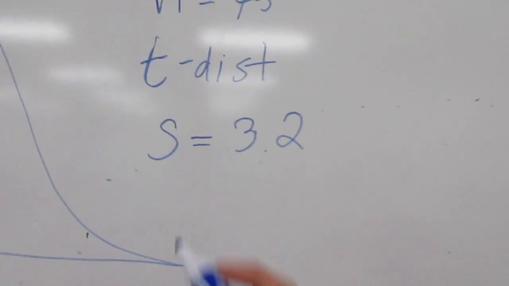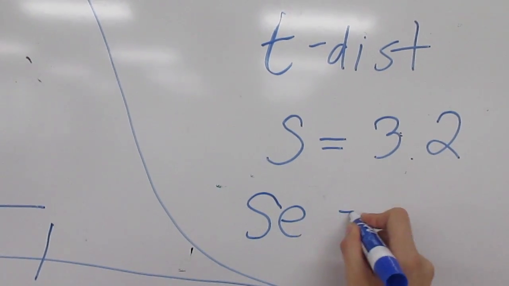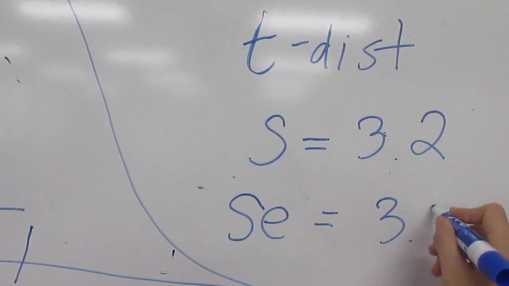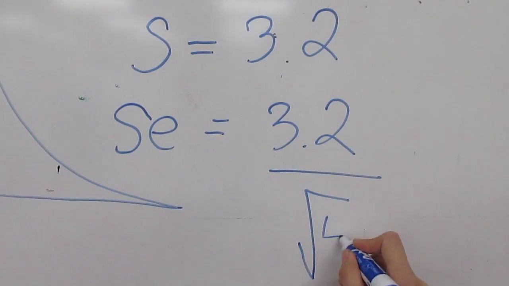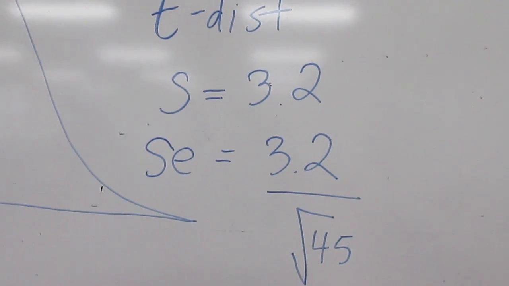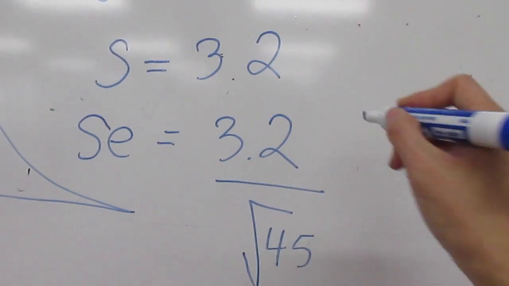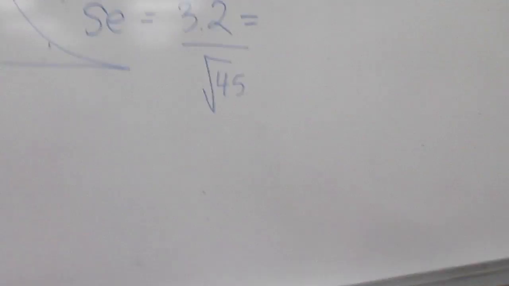We want to know the size of that smoot, so to speak. And so, to find standard error, that would be S, 3.2, divided by the square root of 45. You can do that on your calculators if you want. So that's going to be 0.48.